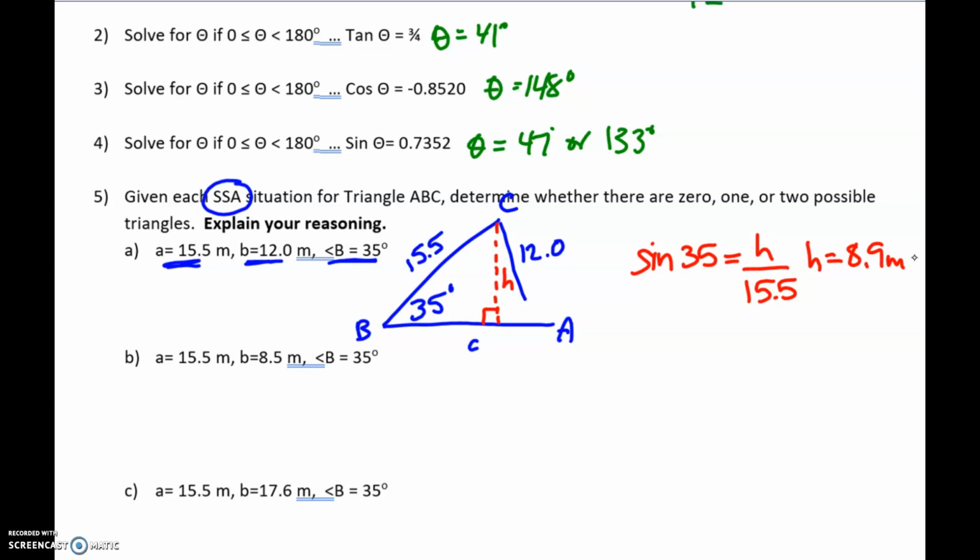All right, now that we know that's 8.9, we can see that this 12 should be drawn a little bit longer than it is. We know that 12 will touch here, and then also if I were to swing that 12, I didn't draw it all as one piece. Let me try to draw this nicely.